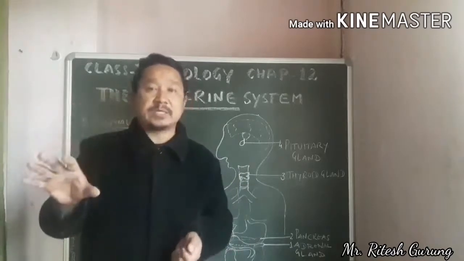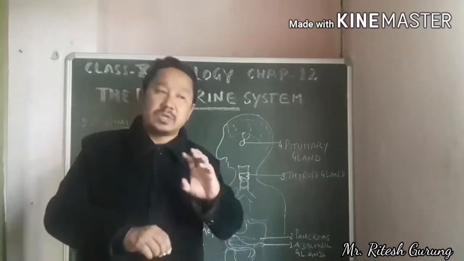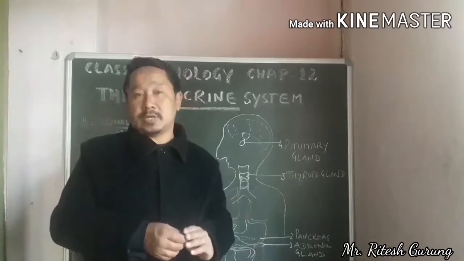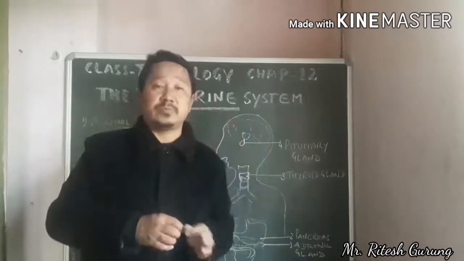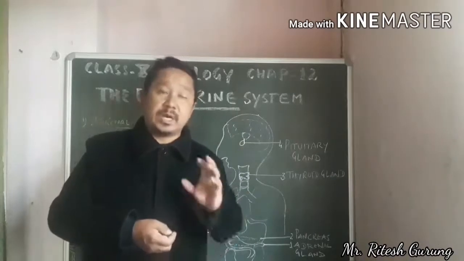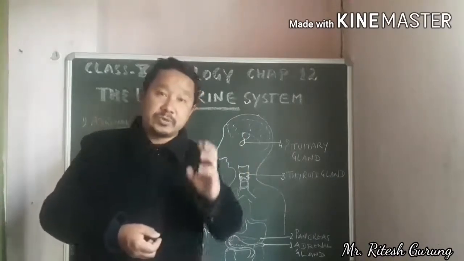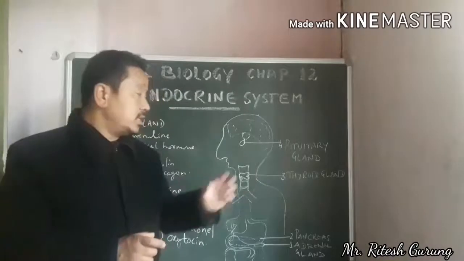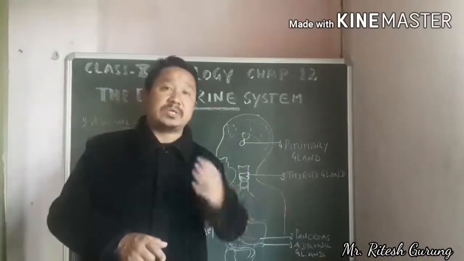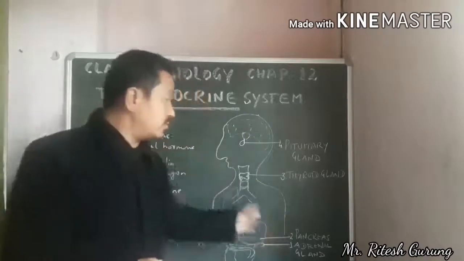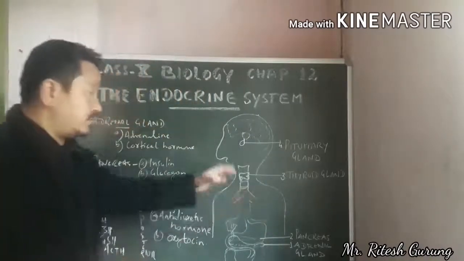There are some parts in the body which are actually not endocrine glands and have other main functions to perform, but additionally they also produce some hormones. Mostly the hormones are produced from the endocrine glands. So there are many, but according to the syllabus we have got 4 different kinds of glands, as I've told you just now.